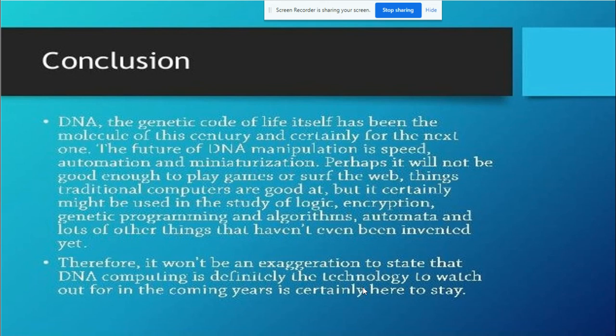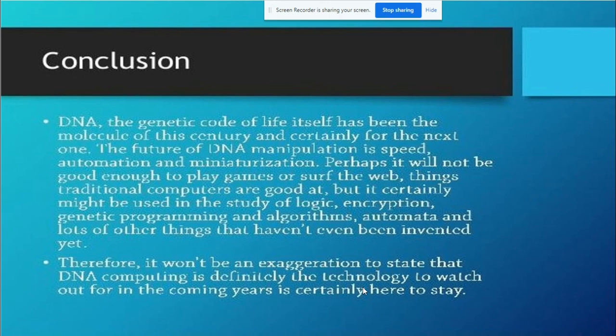So, with the conclusion, the things traditional computers are good at are playing games and such, but DNA computing might be used in the study of logic, encryption, genetic programming, algorithms, automata, and lots of other things that haven't even been invented yet.